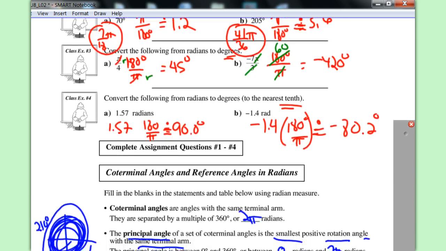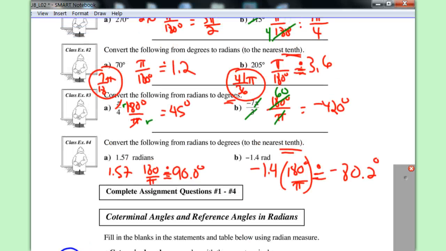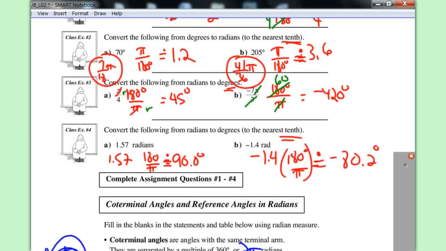We still have coterminal angles just like we had with degrees, right? And just to refresh your memory, what are coterminal angles? Well, every angle that we have in degrees, let's say I start with a 121 degree angle. That's my angle of theta. There is an infinite number of coterminal angles.